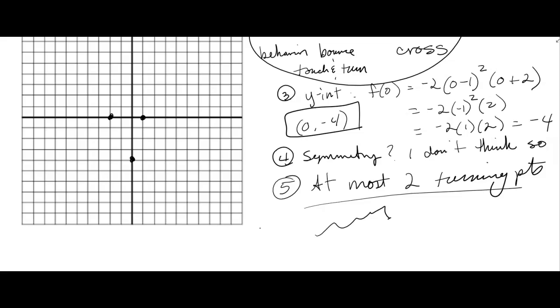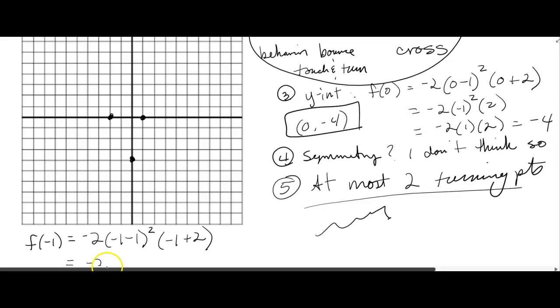All right. So could I get more points? I could plug in -1. That seems reasonable. What's f of -1? It's going to be -2 times -1 minus 1 squared times -1 plus 2. Now this might not come out to be a nice number.